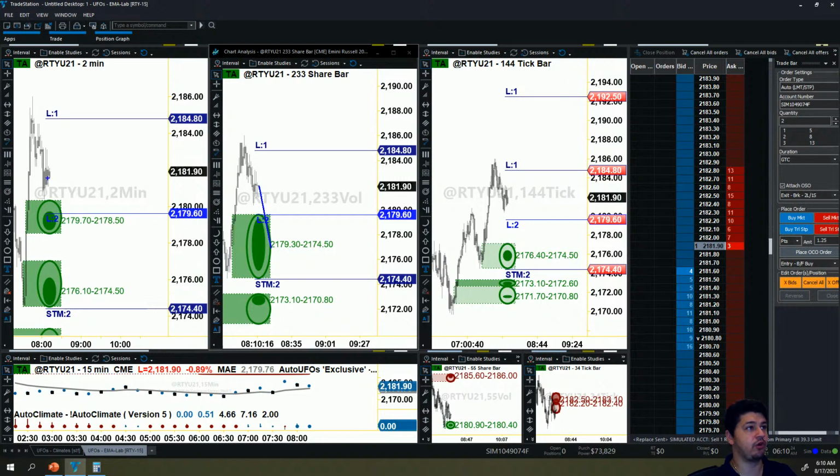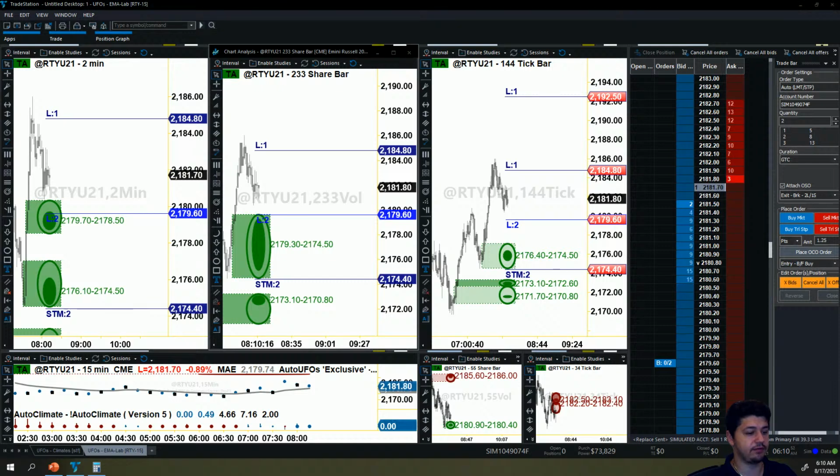We pick up all the buyers that are there to pick up, even from both of these UFOs. And then we rally up to our T1 right at the open. That's kind of what I would like to see. Sometimes we don't always get what we like, but that's the expectation I'm having going into this trade. Just giving you the heads up.